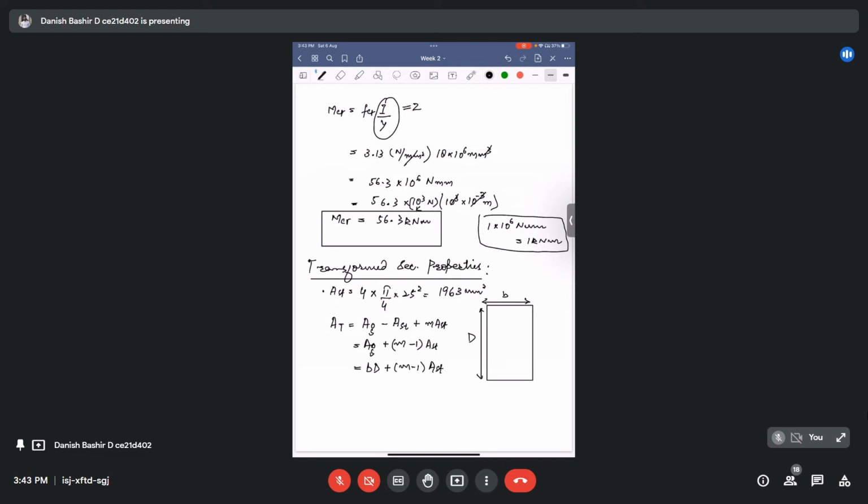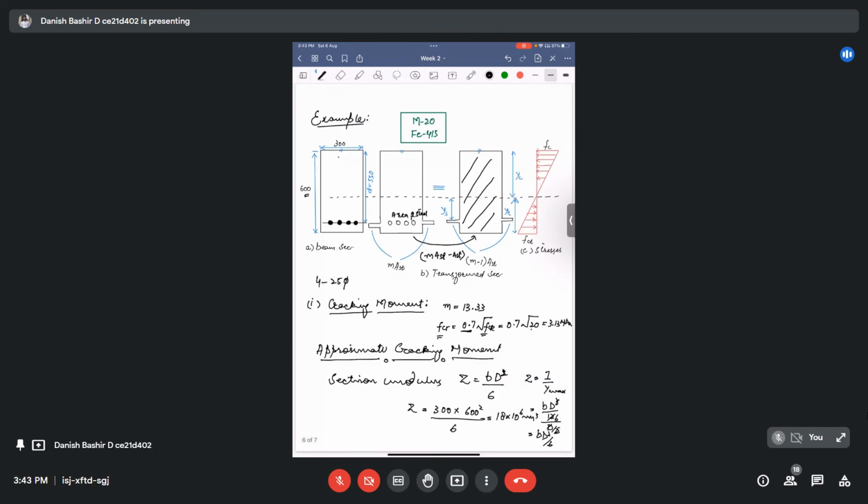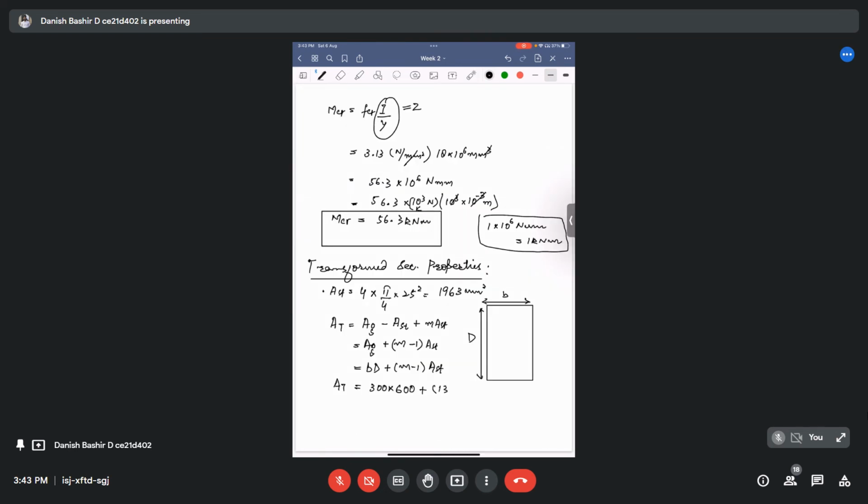Plugging all the values that we already found: B was our 300 and D was our 600, plus m was our 13.33 minus 1, area of steel we already found 1963.